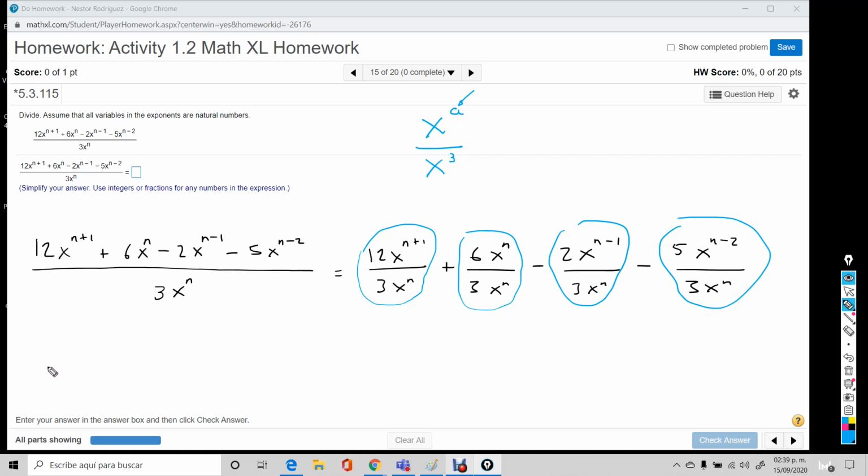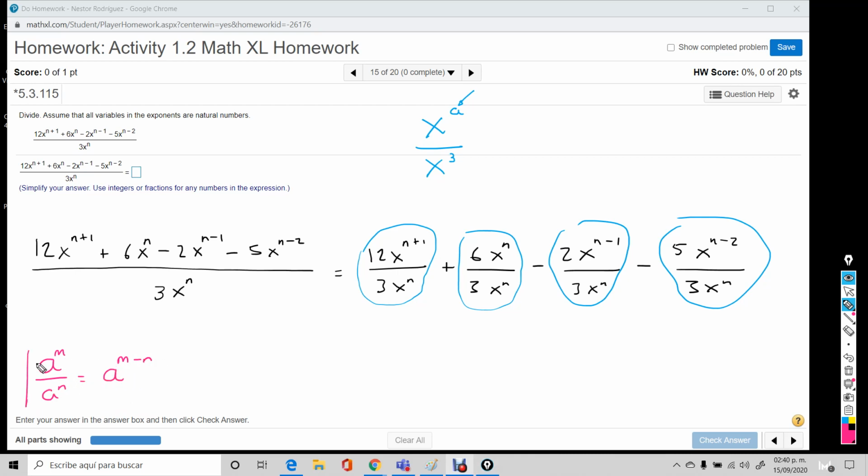If you remember, we have this law. I'm going to write it in red, or pink. I don't know what color this is. We have this law, guys. Remember, a to the m over a to the n is equal to a to the m minus n. What are m and n? They're numbers. Okay, they're numbers.